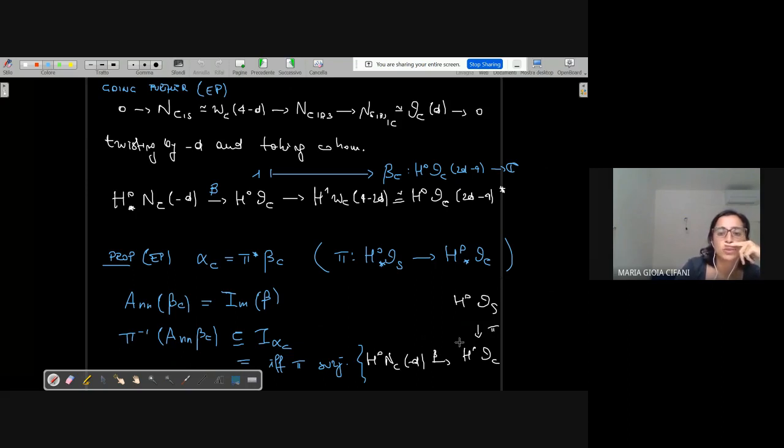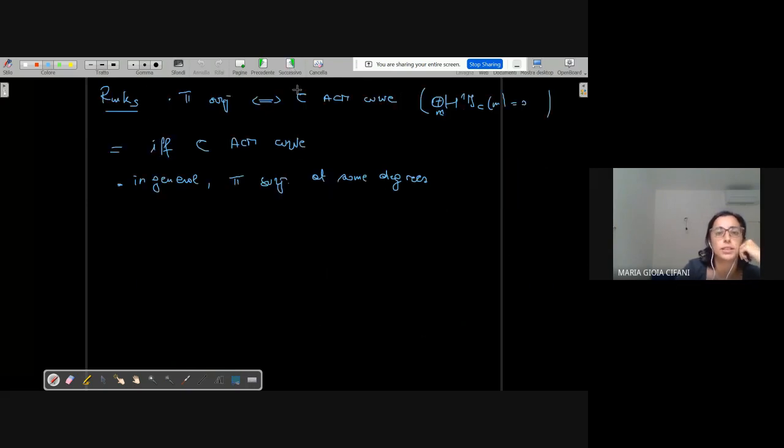And with this, we can also recover the properties from before in a really easy way. I will rewrite the diagram here to make it easier to follow, because one can lose track. It is twisted by minus d and is pi.